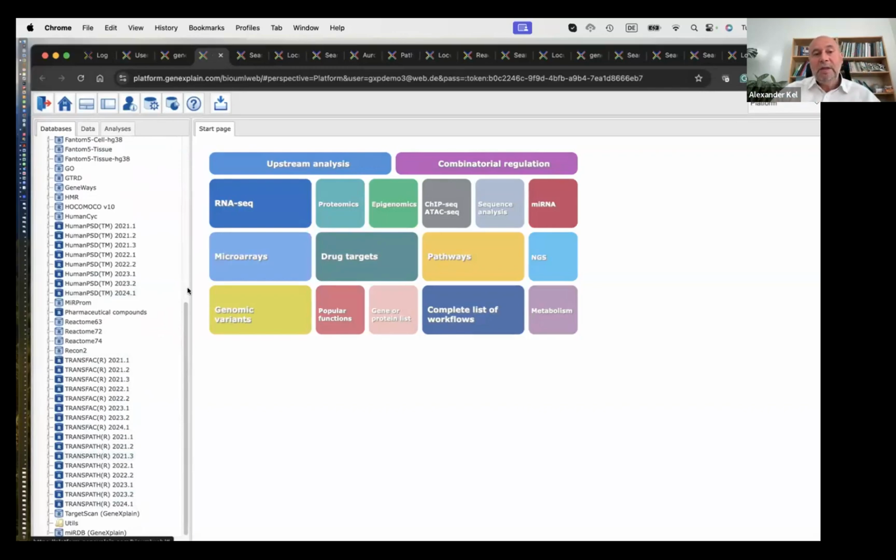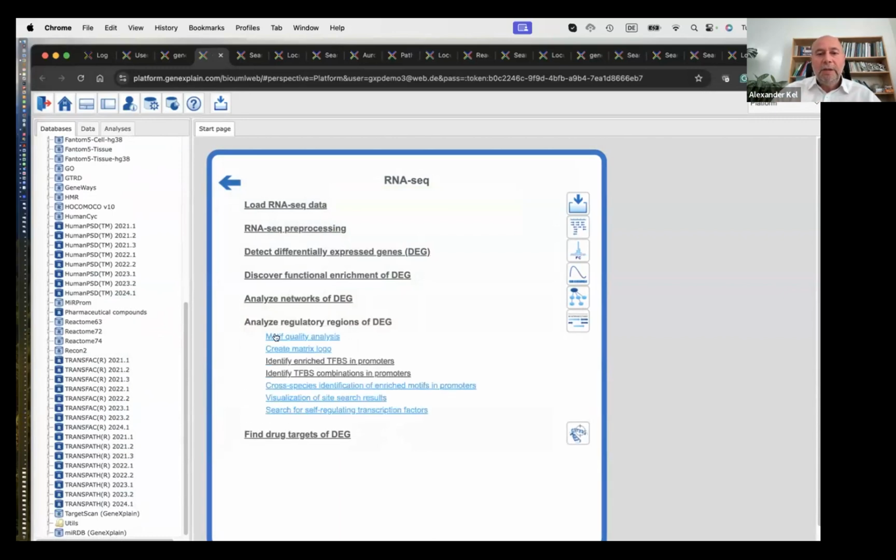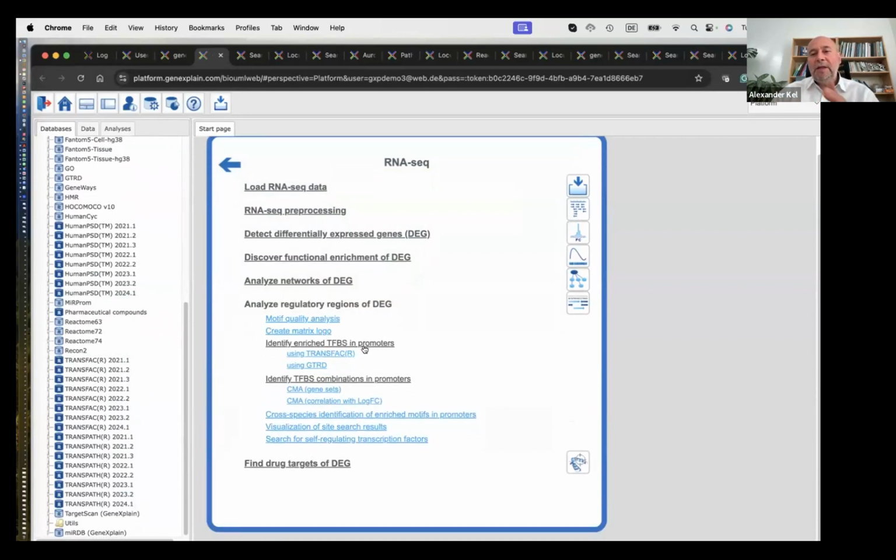Which means if I analyze my RNA-seq data, for instance, and I want to analyze regulatory regions, for instance identify enrichment of transcription factor binding sites in promoters, then I have this option using TRANSFAC.